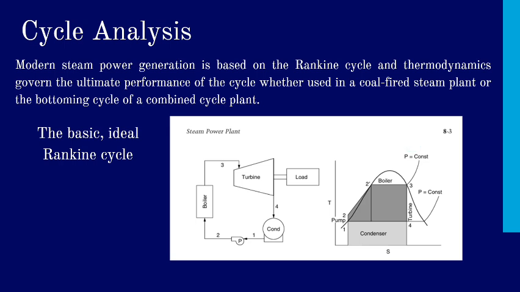Cycle analysis. Most steam power generation is based on the Rankine cycle, and thermodynamics govern the ultimate performance of the cycle, whether used in a coal-fired steam plant or the bottoming cycle of combined cycle plant.